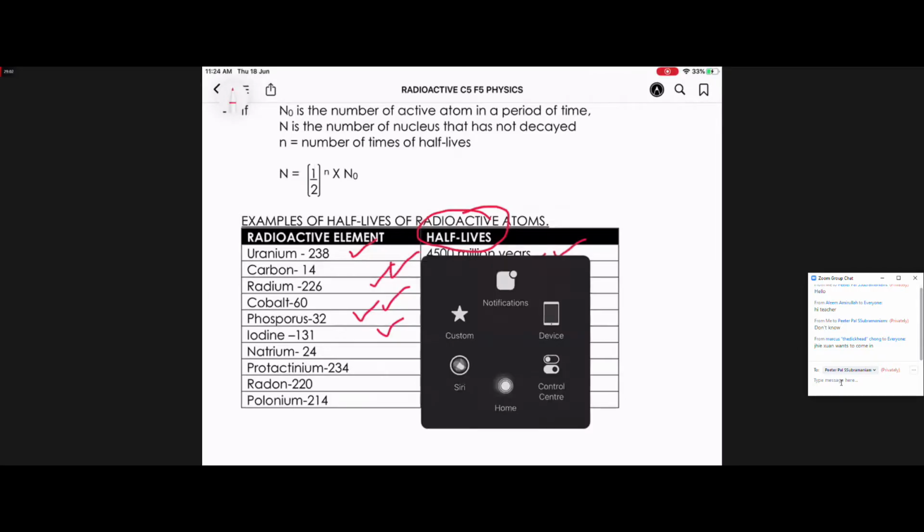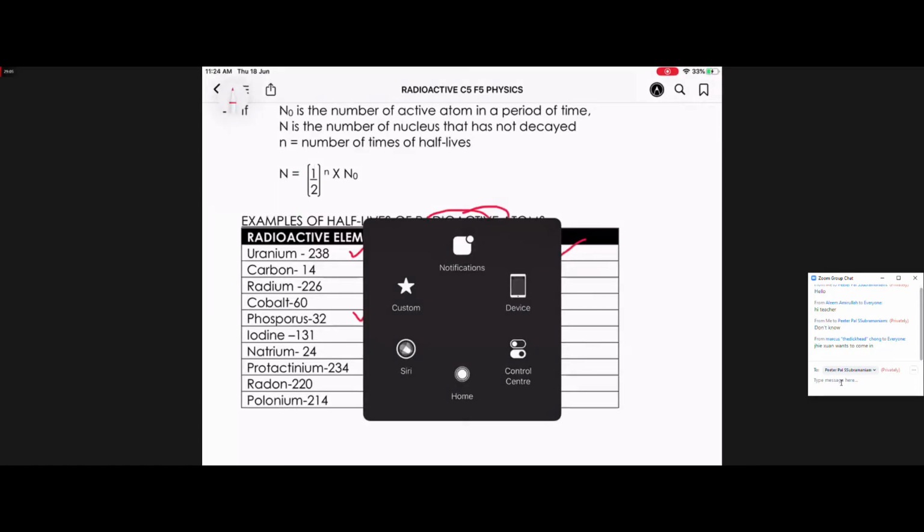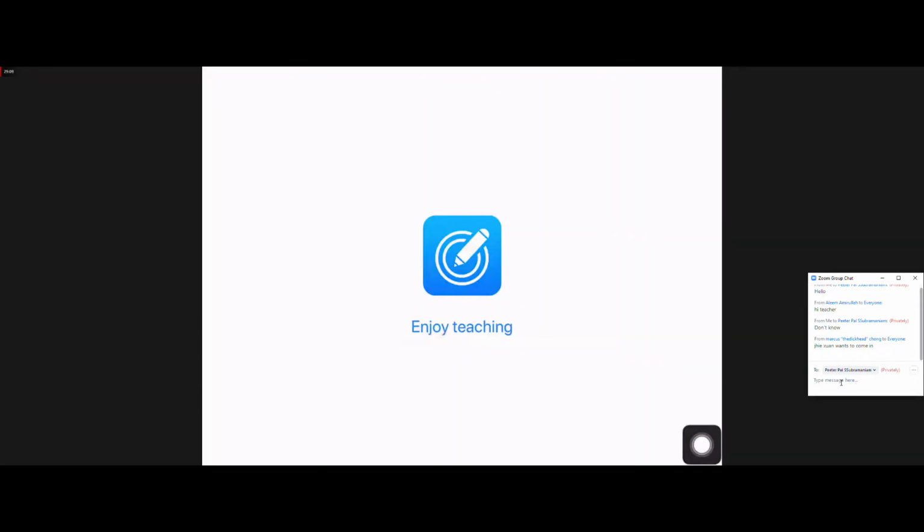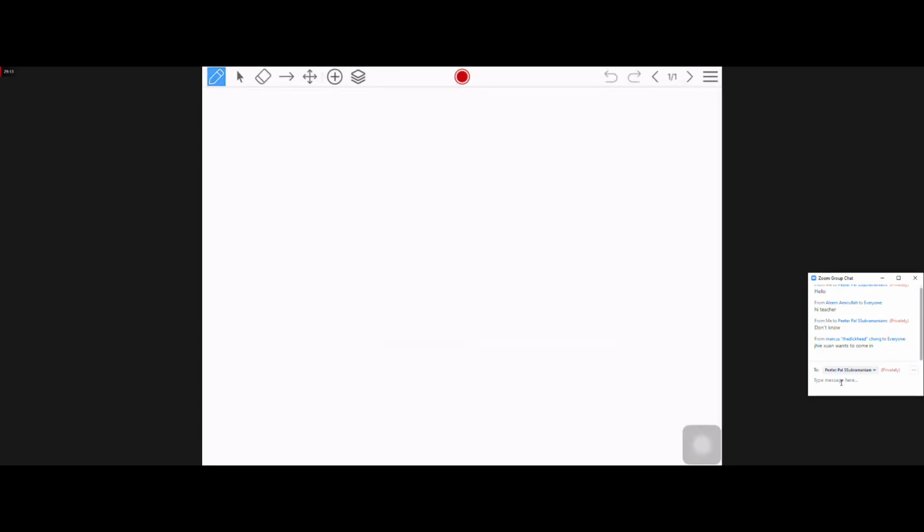Now we look at the bigger picture of half-life. How does it work? Okay, listen. Half-life can be learned in a few ways. First, the fraction method.